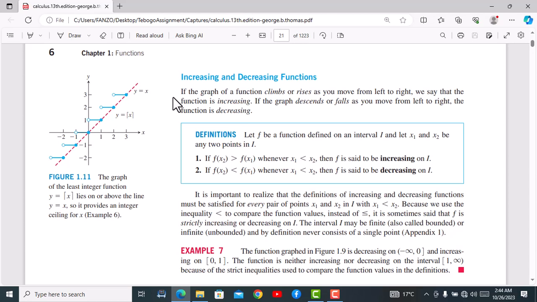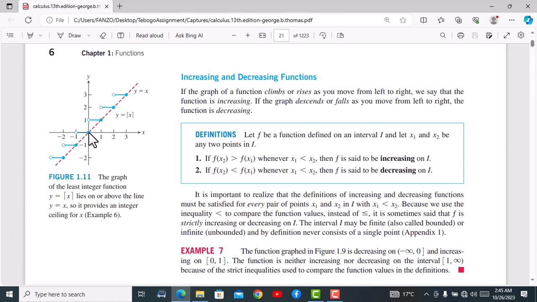If the graph descends or falls as you move from left to right, then the function is decreasing. Now we can see this in here. Right. So as we descend, as the values of x are getting smaller and smaller, our function also is descending, therefore it is decreasing.